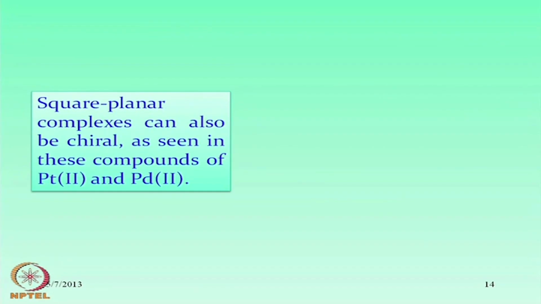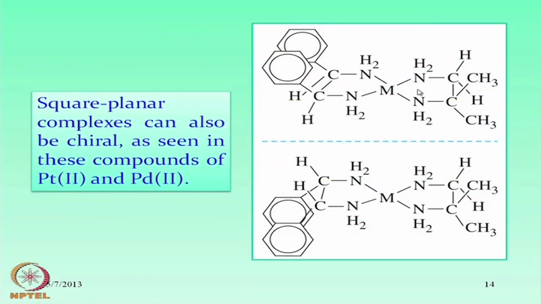Then the square planar complexes can also be chiral, such as the platinum and the palladium compounds of these two types, where this is the corresponding unsymmetrical diamine type of ligand, where this carbon is substituted by 2 methyl groups, and on the other side we have the phenyl rings, 2 phenyl rings above the square plane, and the mirror image of that is the other one, and they are not superimposable on each other.